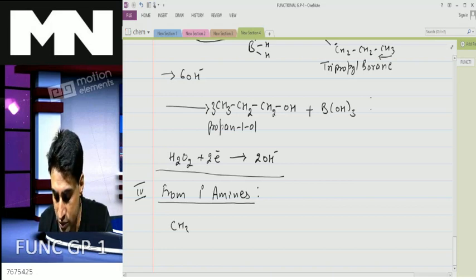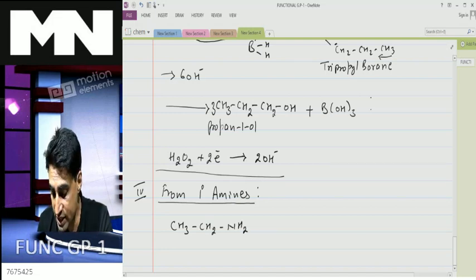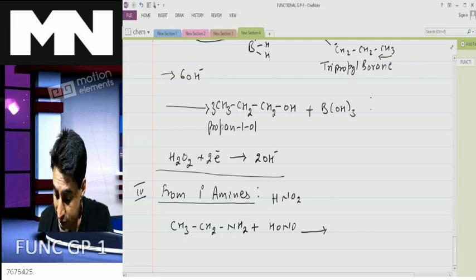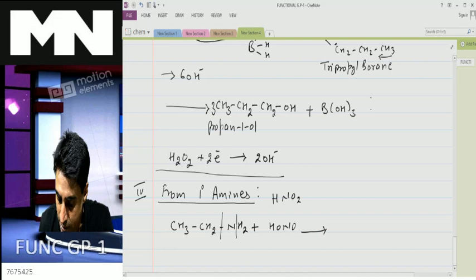Say I have a compound CH3CH2NH2. In this case, I have to react it with nitrous acid, HNO2, which I can write as HONO. We can divide this compound into 3 parts, first, second and third part.